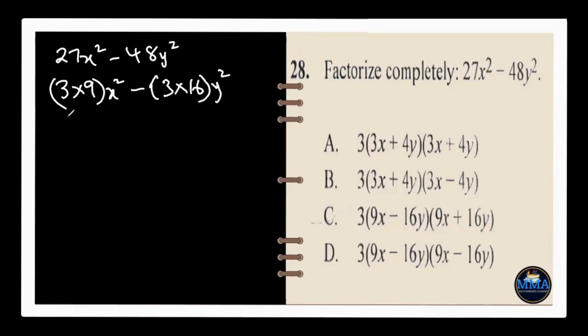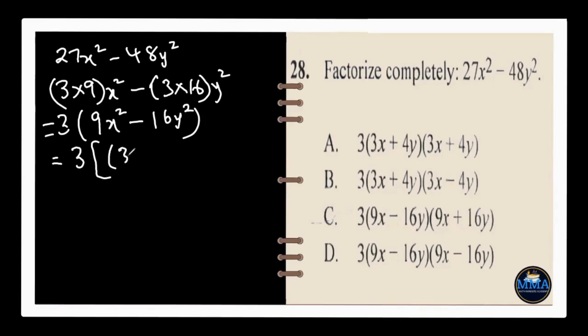Now 3 is common, so we can factor 3 out. And then open a bracket, we have 9x squared minus 16y squared. So coming here again, we are going to apply difference of two squares. Then we have this is equal to 3. Of course, 9x squared is the same thing as 3x raised to power 2.